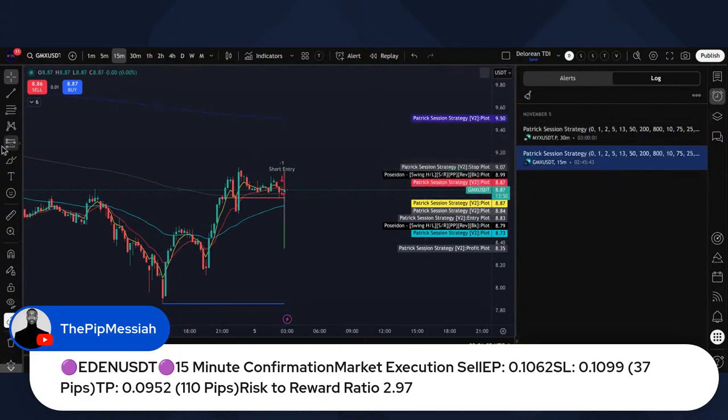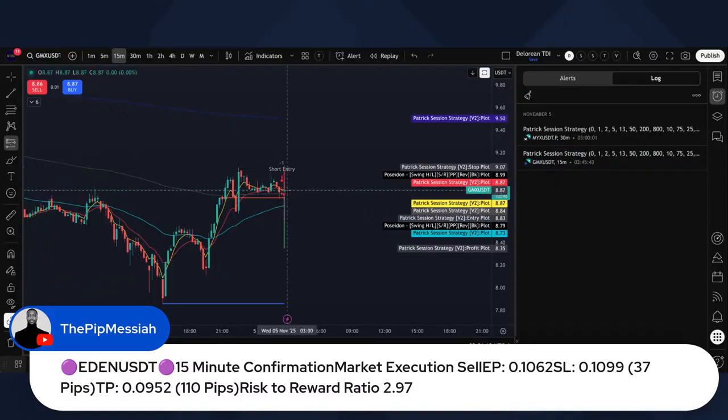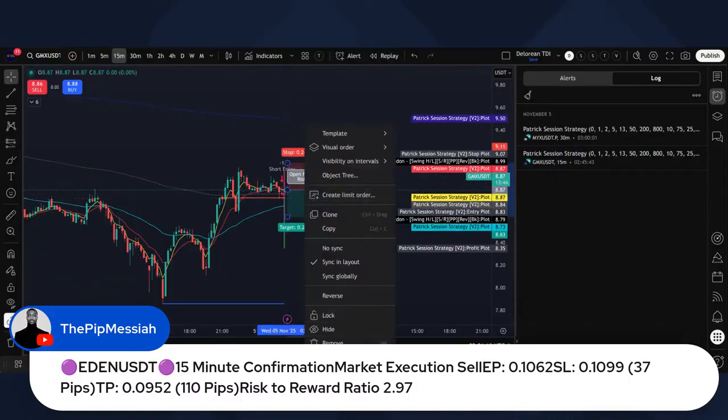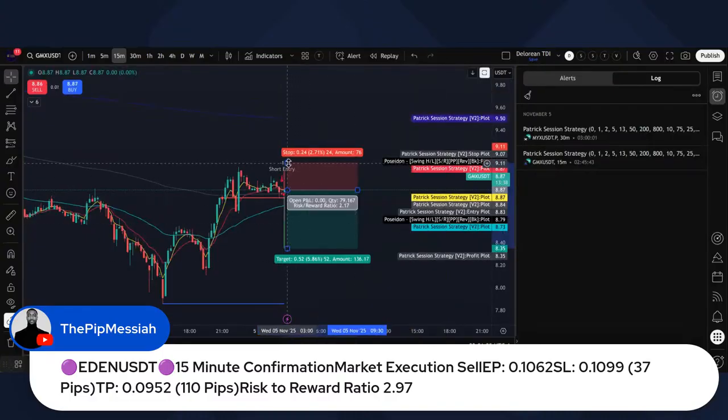All right, there's our GMX trade. It's targeting at 8.35. I'm shortening this stop just a little bit. Let's go ahead and hop in the trade.